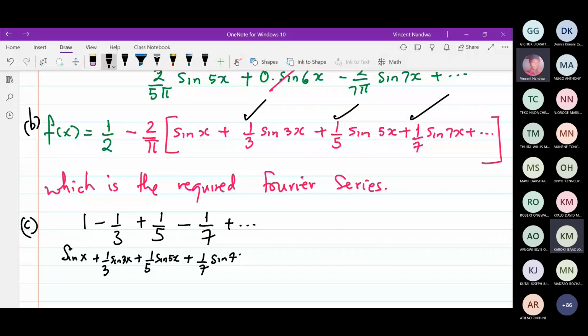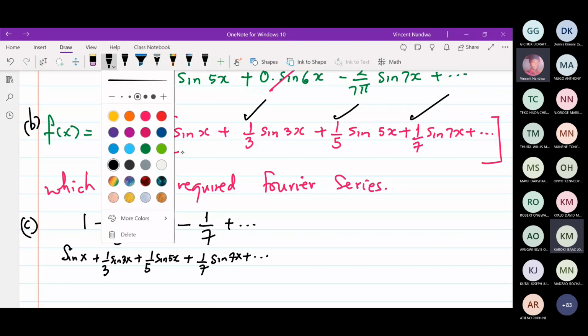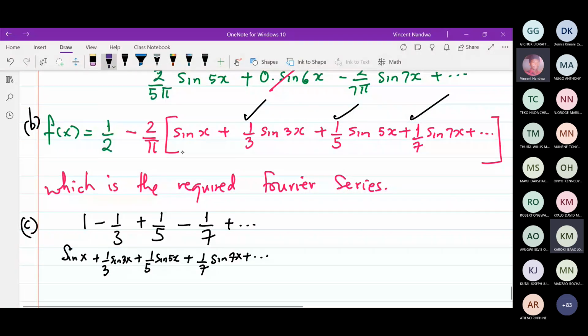That is what is in the square bracket in part B. So if we can reduce this to 1, this second term to minus a third, this to 1/5, and this to minus 1/7, then we will be able to determine the value of this series given.